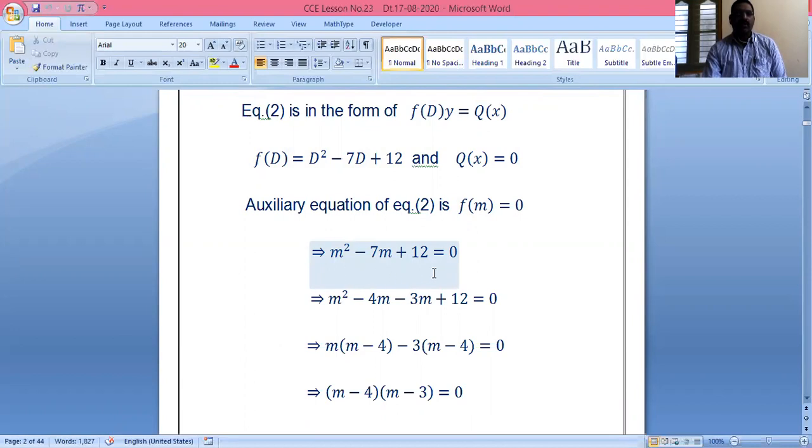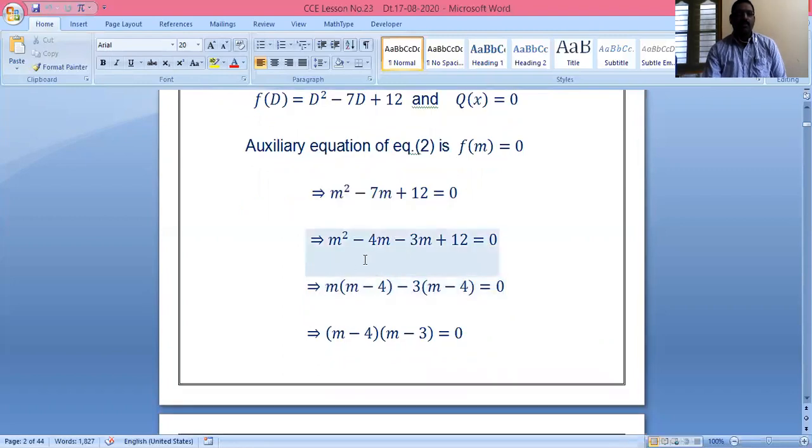We can write this equation as m square minus 4m minus 3m plus 12 is equal to 0. Since 12 into 1 is 12, it has two factors 3 and 4. By taking m common from the first two terms, we get m into (m minus 4), and taking minus 3 common from the last two terms, we get minus 3 into (m minus 4) is equal to 0.